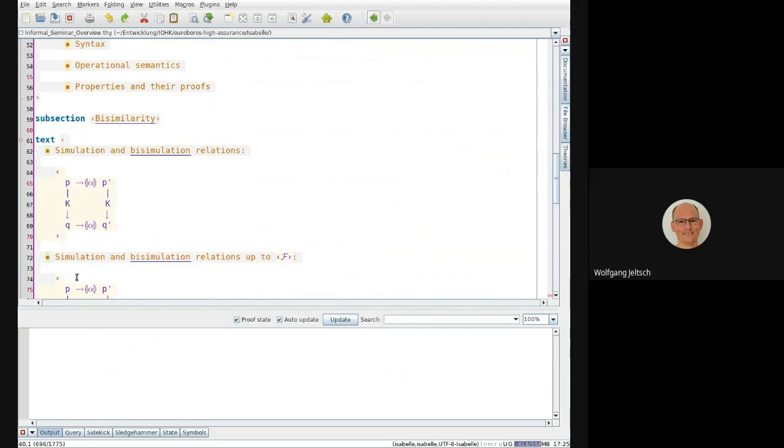And with transitivity, we have the situation. So imagine we had an R here. We know that the P transition can be simulated by the Q transition, and the Q transition can be simulated by the R transition. Does this mean that the P transition can be simulated by the R transition?